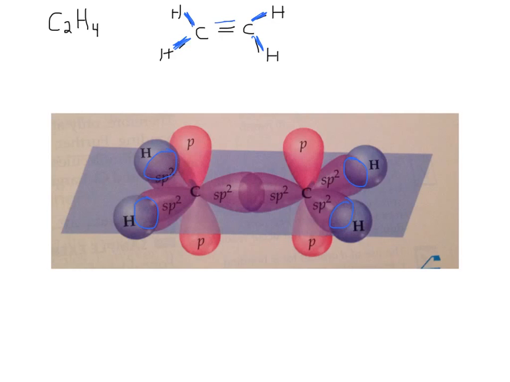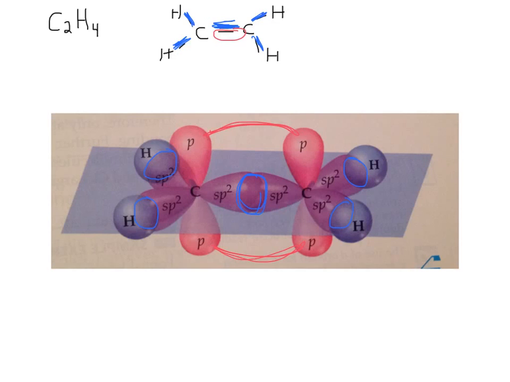This first pair of electrons here is this overlap right here between the two. But this last pair of electrons is actually overlapping here and here. Basically, there just isn't room for all four electrons right between the two carbons.